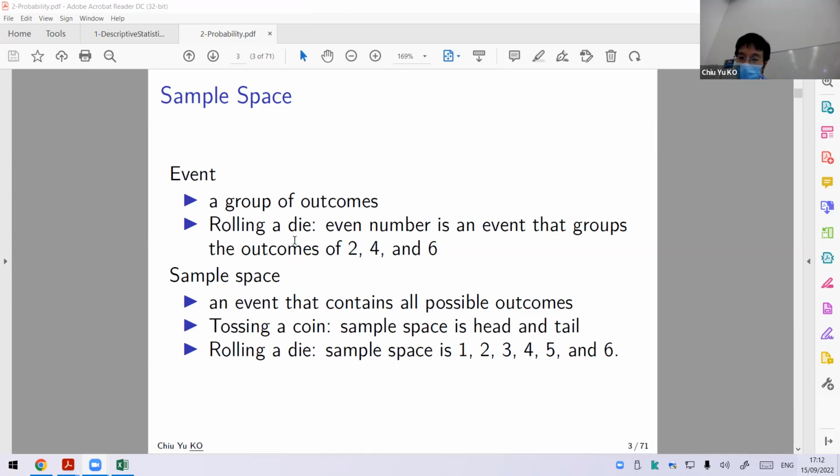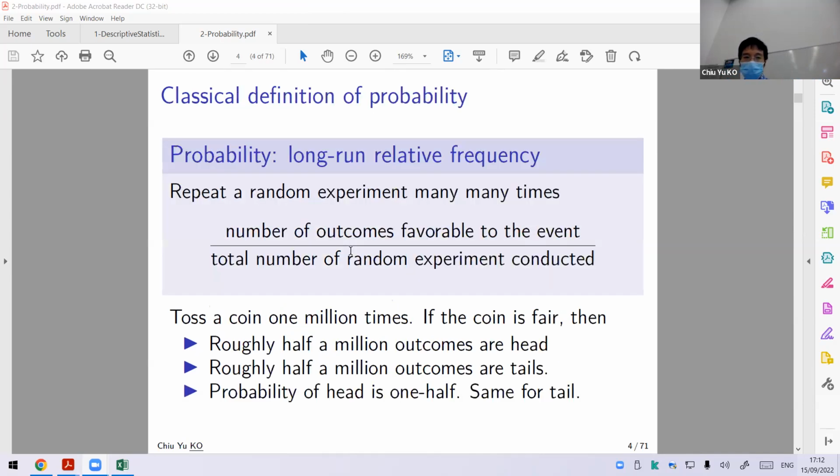Now once we have this, we will have the definition that we have been using a lot, what we call the classical definition, or frequentist probability.